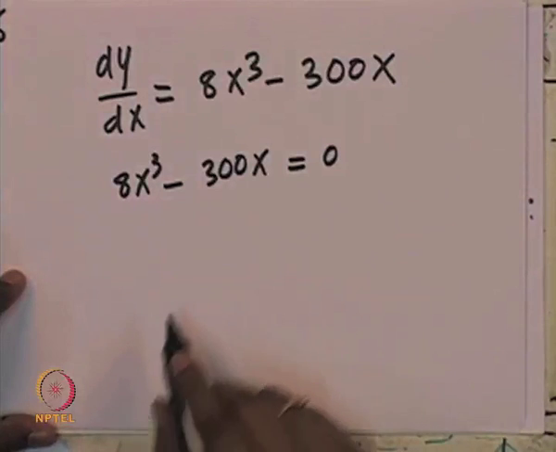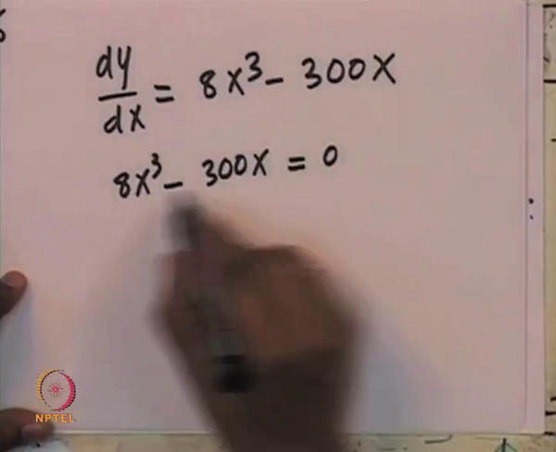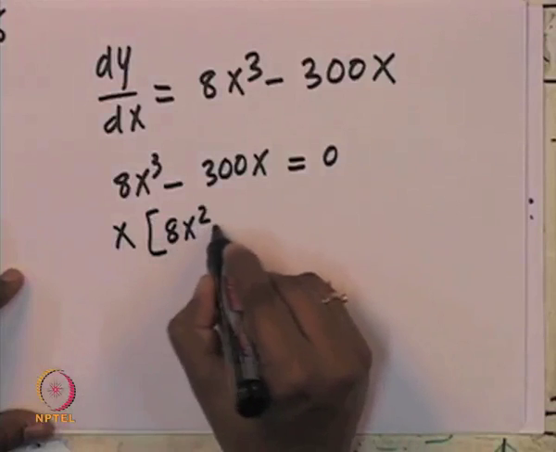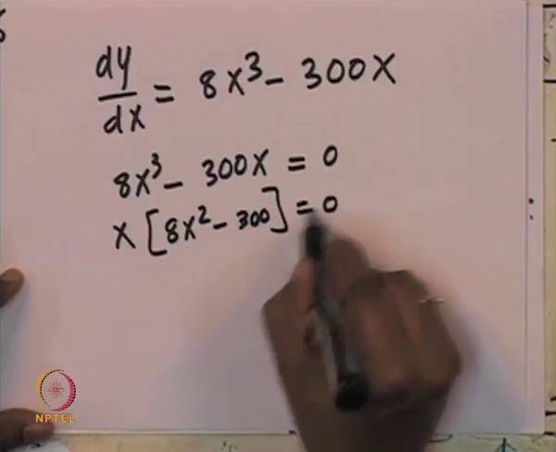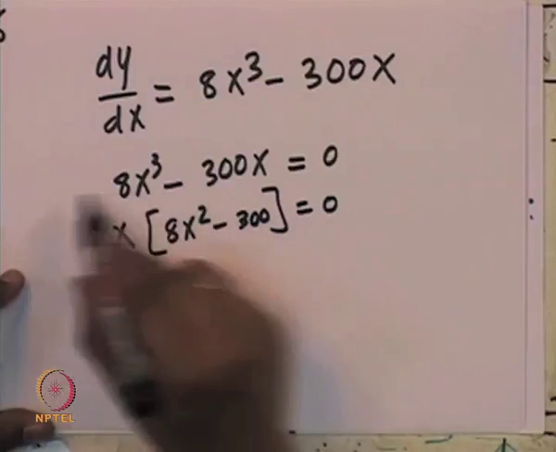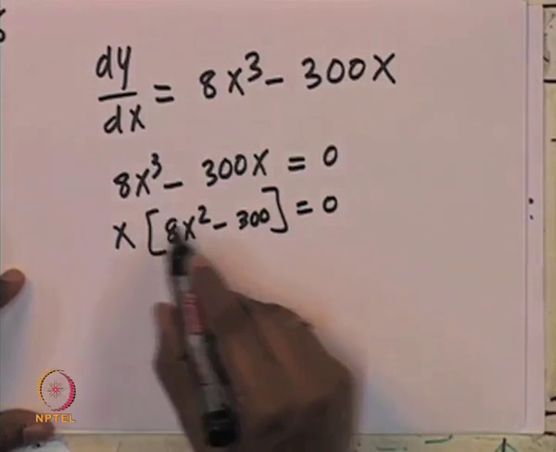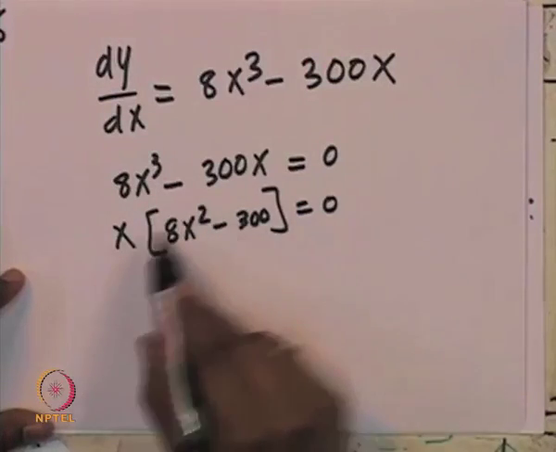Now, the question is, what is x? I can take an x common, and rewrite the left hand side as x times 8 x square minus 300 equal to 0. So, I take 1 x from here, 1 x from here; basically I divided throughout by x.